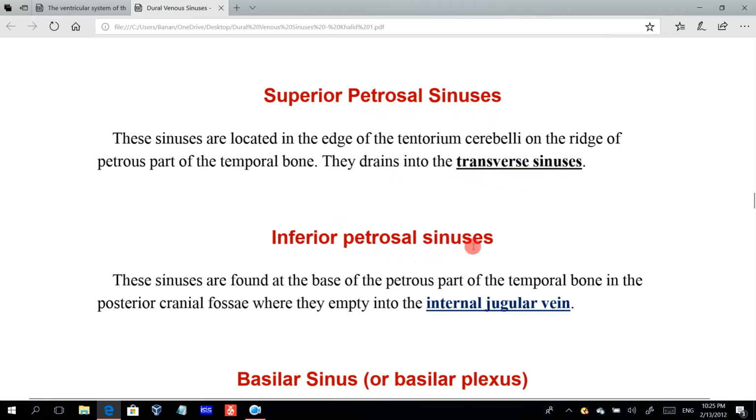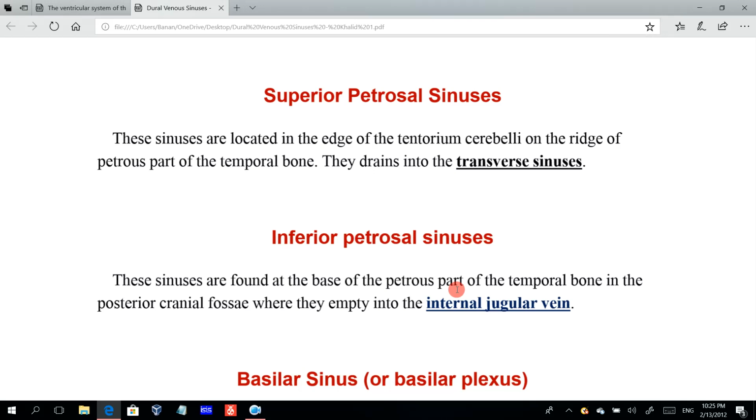The inferior petrosal sinuses are found at the base of the petrous part of the temporal bone. Remember the petrous bone in its location within the base of the skull, from inside, of course. Along its base we have another sinus in relation to the petrous bone. It is called the inferior petrosal sinus.